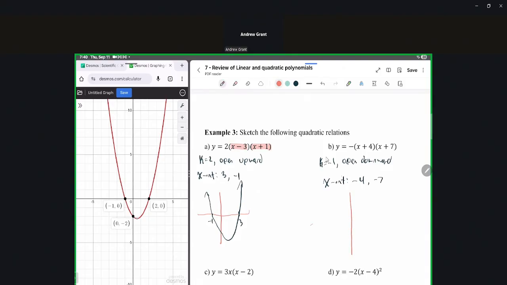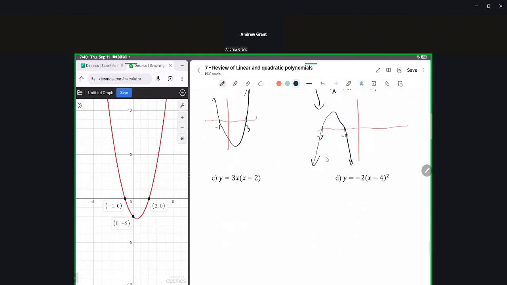So on our graph, out here to -4, -7, and it opens downward. And again, this is a reasonable sketch of what this looks like.